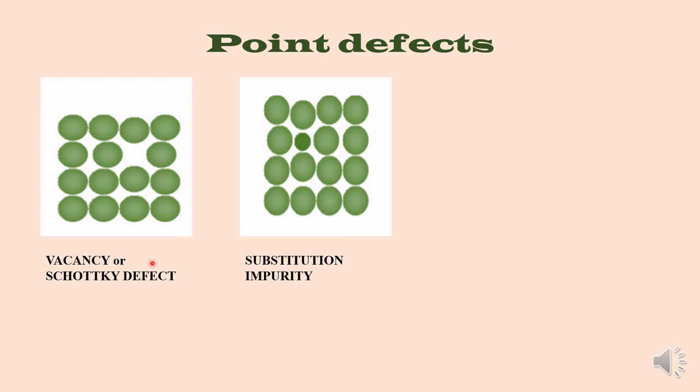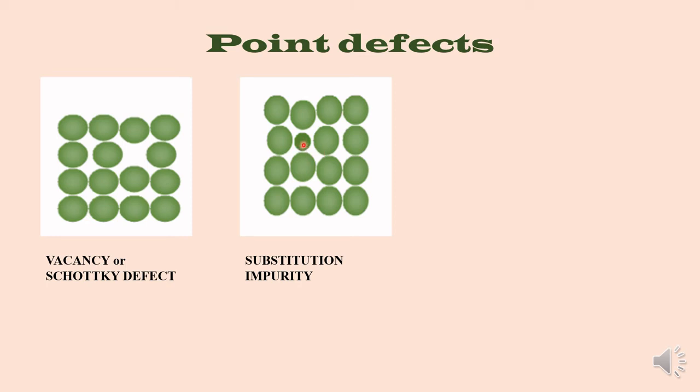Second type of point defect is substitutional impurity. We know impurity atoms are doped into the silicon crystal. Any non-silicon atom, when incorporated into the lattice at a substitutional site, what does it mean? This dark green ball is a non-silicon atom.